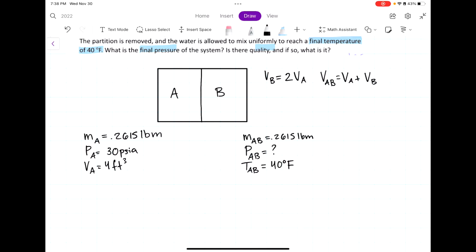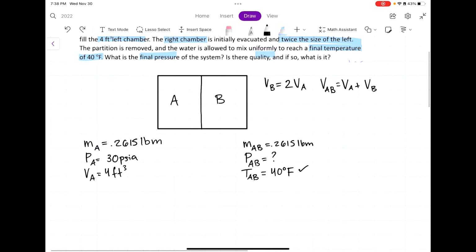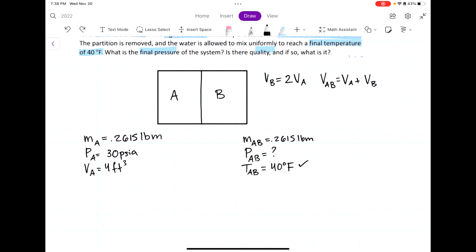In this case, I'm given temperature. Great. I need one more value. Mass isn't going to cut it. However, what we can find on our thermodynamic tables is our specific volume. So let's go ahead and try finding the specific volume.